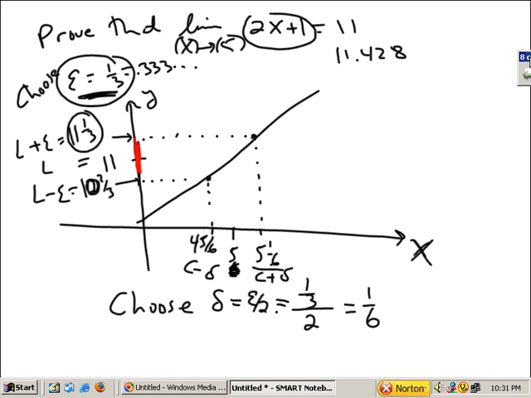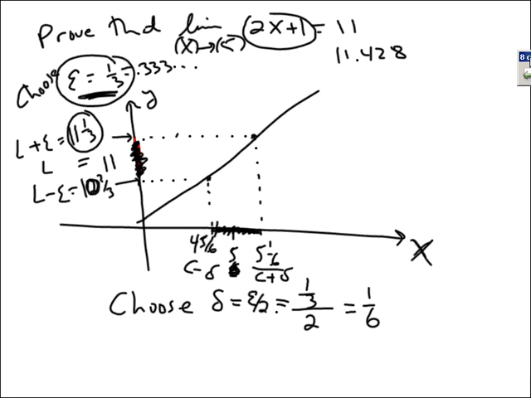If I pick x values this close to 5, a sixth more or a sixth less than 5, then I guarantee you that the y value, the limit, would be in between here. If I let x be between 4 and 5/6 and 5 and 1/6, that is 5 minus a sixth, 5 plus a sixth, L, the limit, will be within 1/3 of 11.